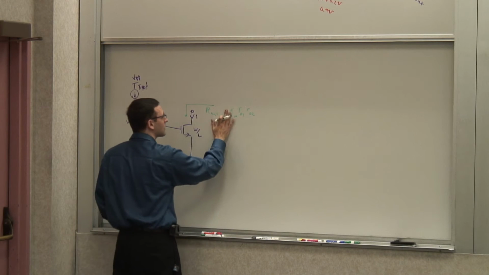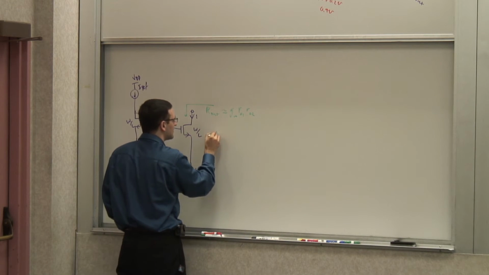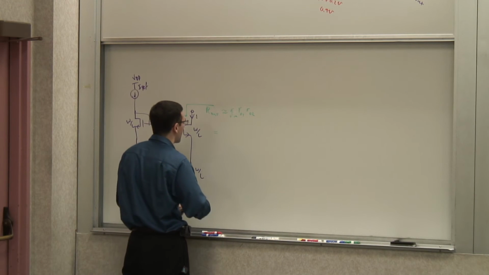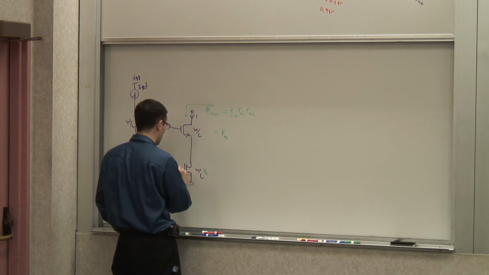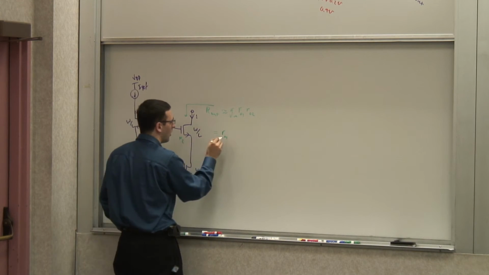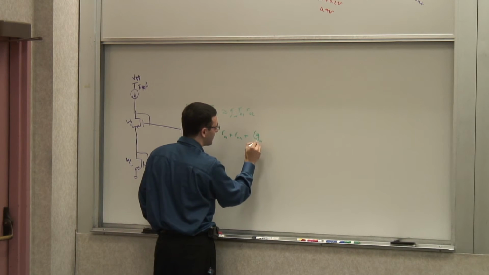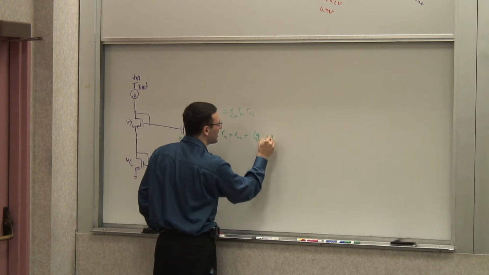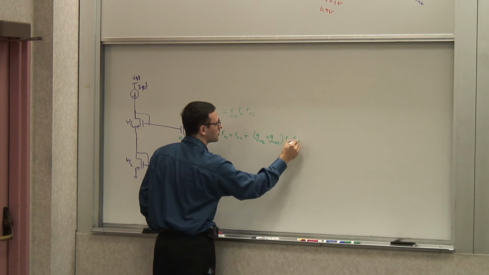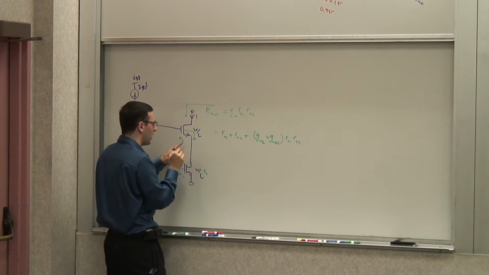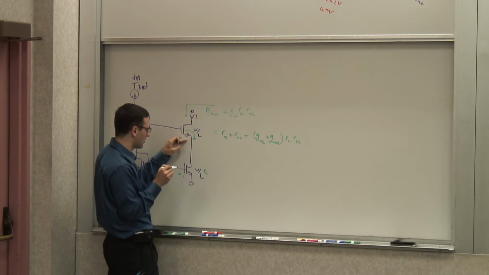Approximately. And accurately, if you actually calculate this, we've done this calculation before, it is RO1 plus RO2 plus gm1 RO1 RO2 plus gmb2 RO1 RO2, where this is M1, M2. In this case, you have to worry about the body effect in this guy, because its source is at a non-zero voltage.